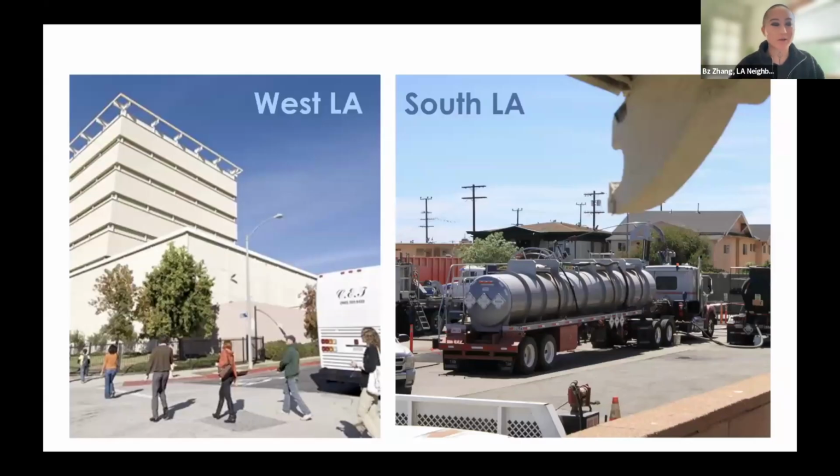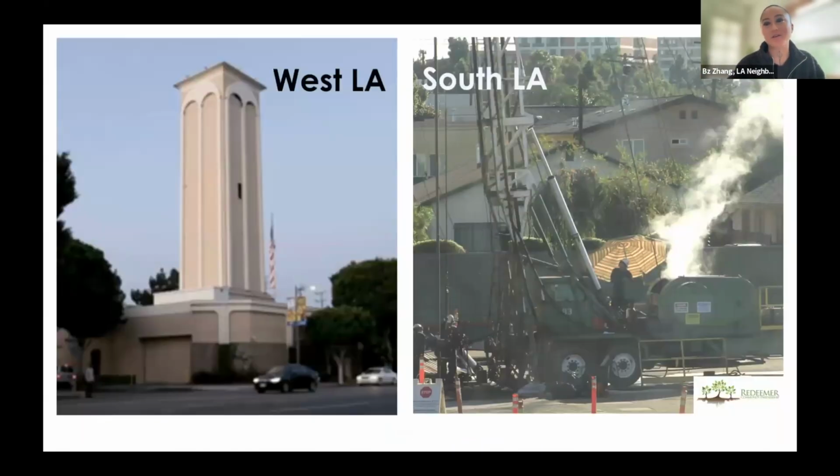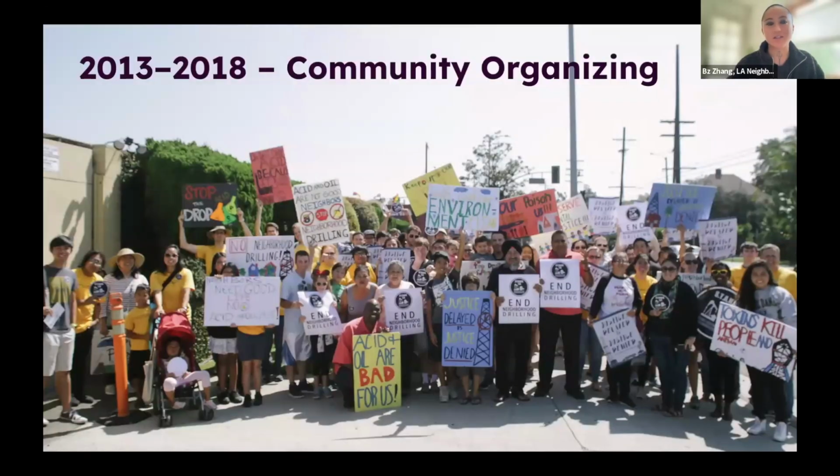In West LA compared to South LA, we don't have the same kinds of regulations upheld, and that was primarily how community members organized to shut it down, by forcing the city's hand to say, hey, you need to comply or you need to get out. And rather than complying, the oil operator decided to get out. This was a huge victory for the community and also only the beginning.